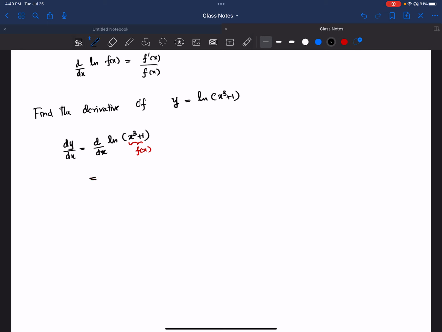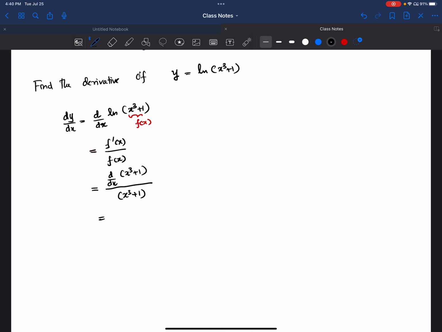I'm going to show you two ways of doing this. f prime of x divided by f of x. So f prime of x is d over dx of x cubed plus 1 divided by f of x, which in this case is x cubed plus 1.